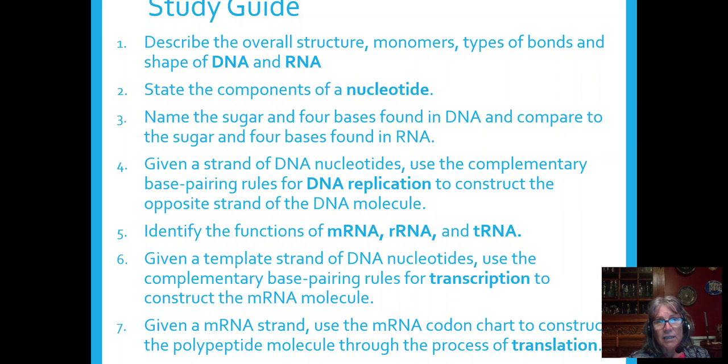Given a strand of DNA nucleotides, you should be able to use complementary base pairing of the nitrogenous bases to replicate that DNA. So using each strand of our double-stranded molecule as a template, you should be able to construct the complementary strand that goes with that.